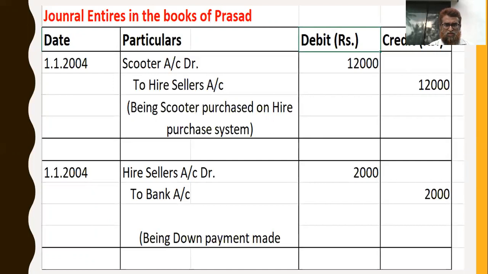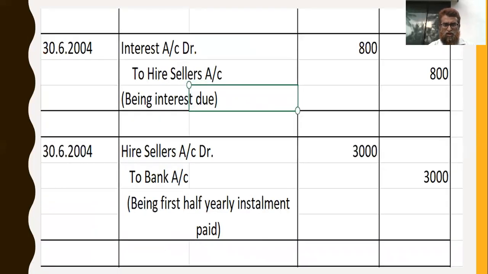Next is the end of the first installment. The first installment will be due on 30/6/2004. First you pass the journal entry. Interest account debit to hire seller's account. Interest on first installment is 800. Write the amount. Second journal entry for first installment is hire seller's account debit to bank account, for paying the first installment amount, rupees 3,000.